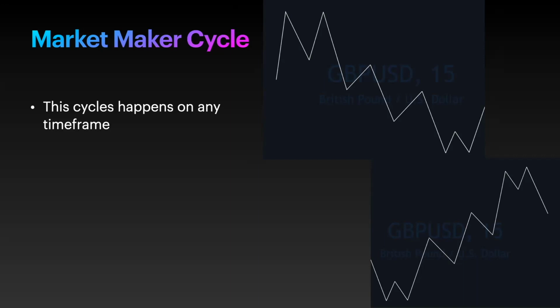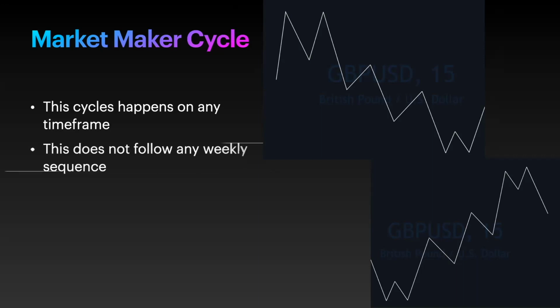How many miniature versions of those cycles are within it is my point. So all this is fractal. This movement that happens over and over again can be found on any time frame. It does not matter.